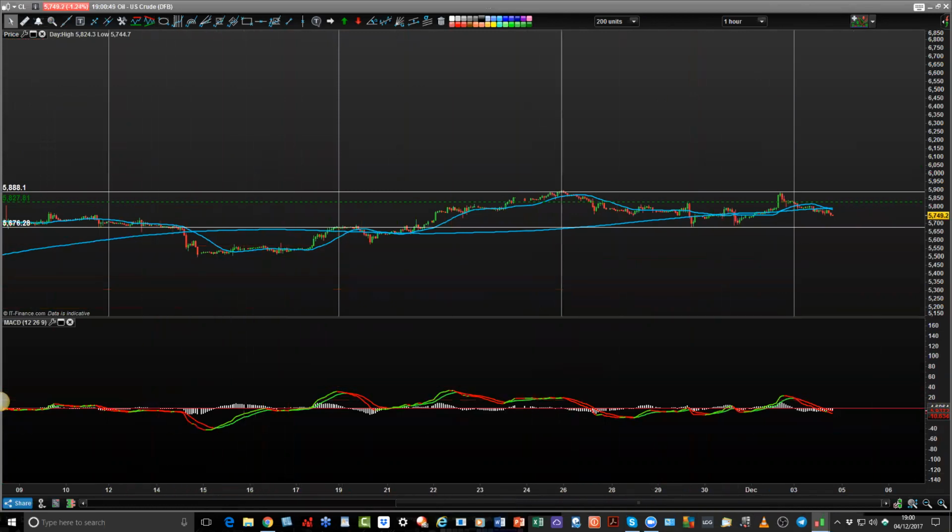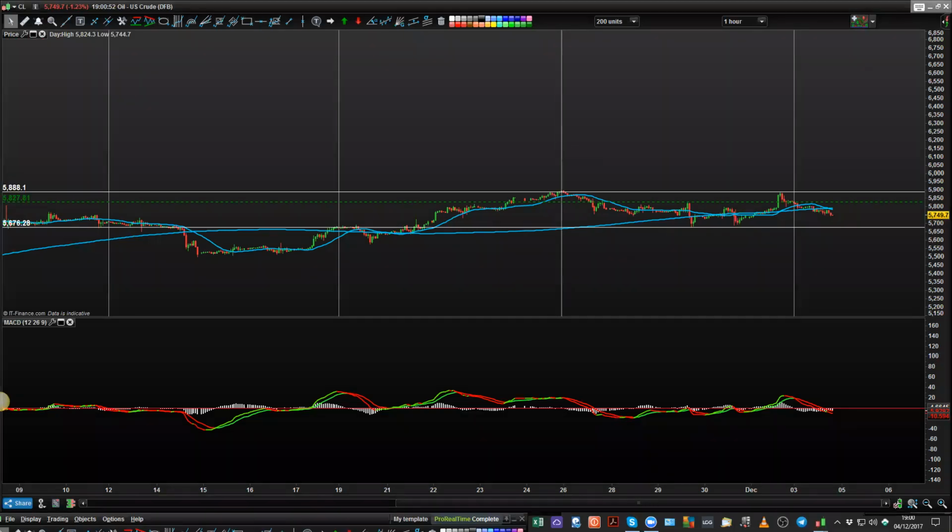And what I see in this is we cross over here, and we start to cross the midline on the histograms at this point here as we come out of this week and come into the new week.